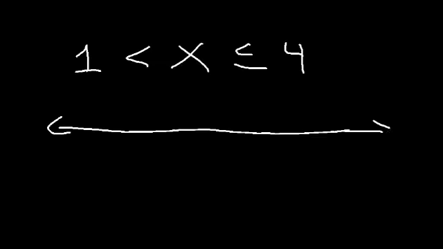Now what if we have an inequality that looks like this? x is greater than 1 but less than or equal to 4. How would you plot it on a number line? So here's 1 and here's 4.